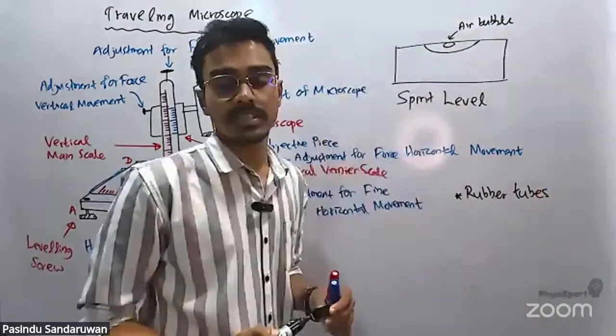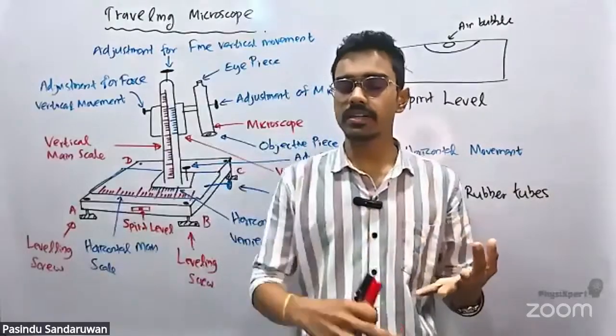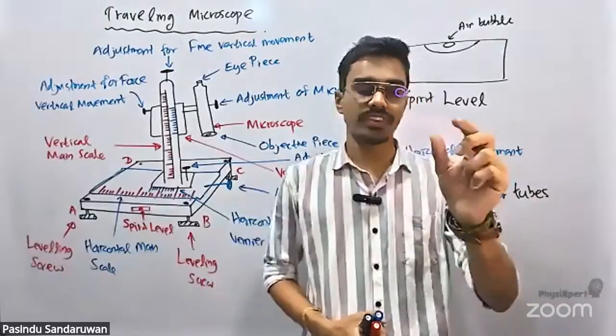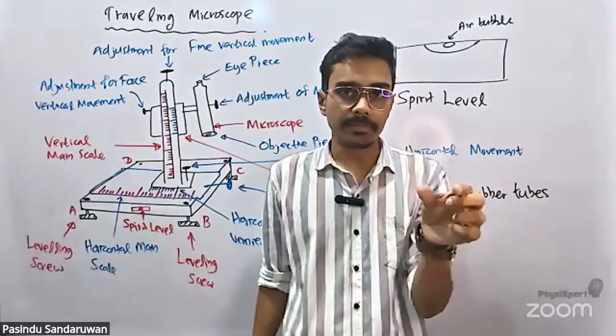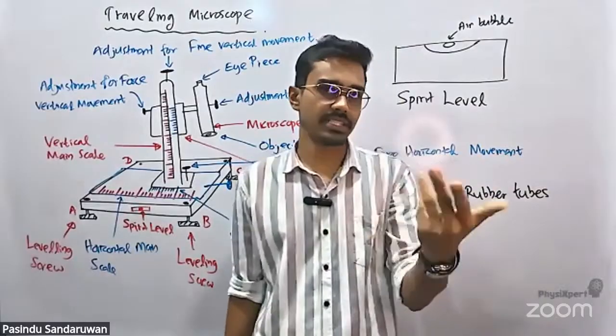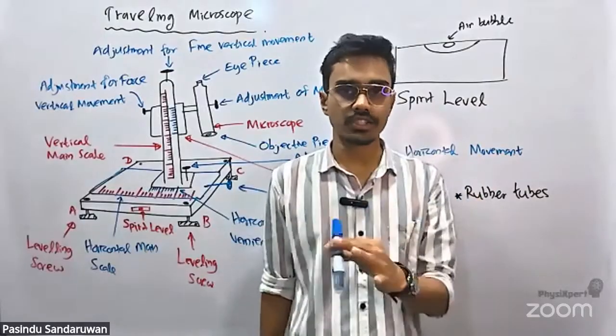The reason is, in other instruments we had, like the vernier caliper, micrometer screw gauge, and spirometer, we have to tightly keep the object between 2 points. With a vernier caliper, you have to tightly keep the object between the external jaws or internal jaws.